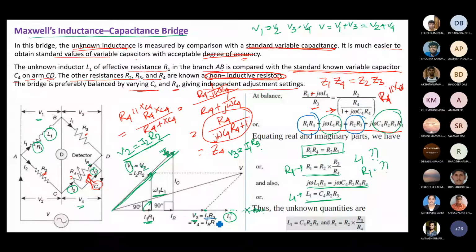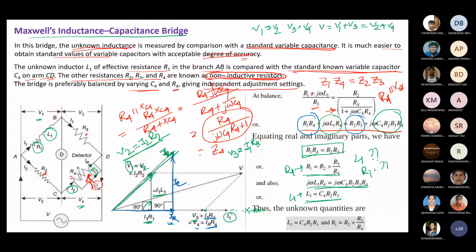This is I1 R1 and IR R4. So I1 and IR both will be in phase. There will be a resistive path, so that's why this is IR. IR is also in this phase. Now you know that IR plus IC equals I2. If you add these two, you will get the value of IC. And that IC you are getting.